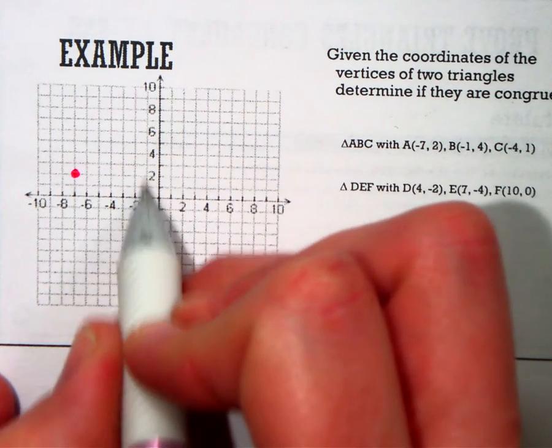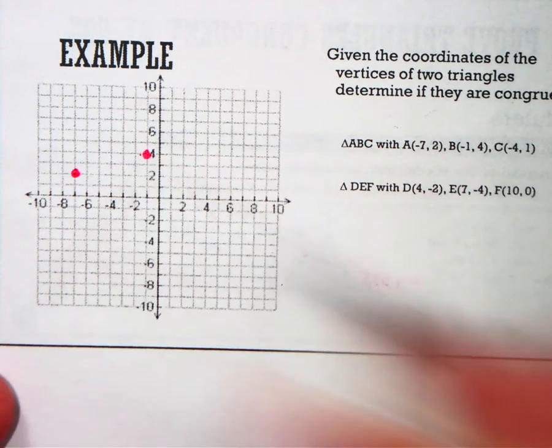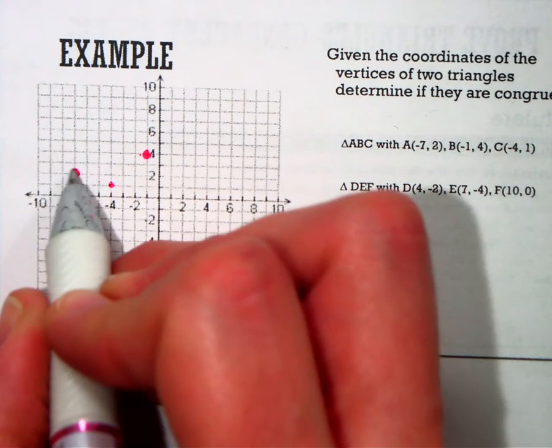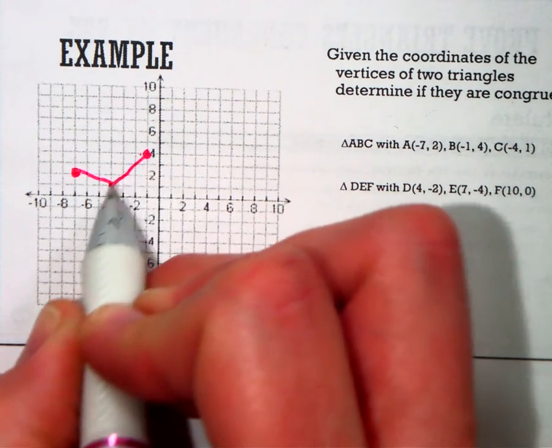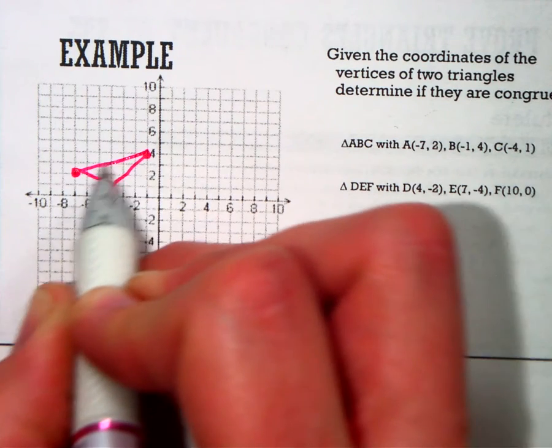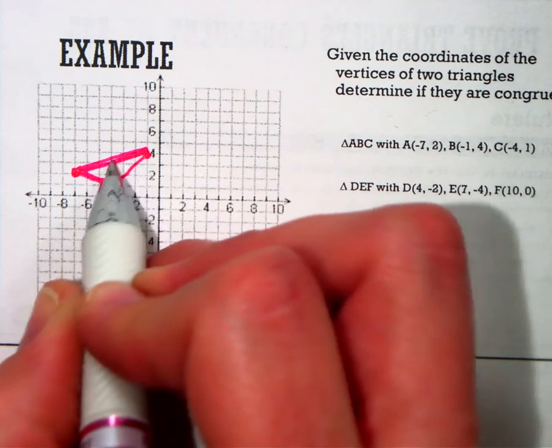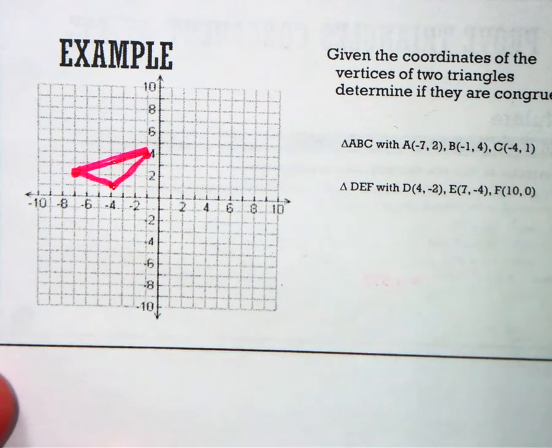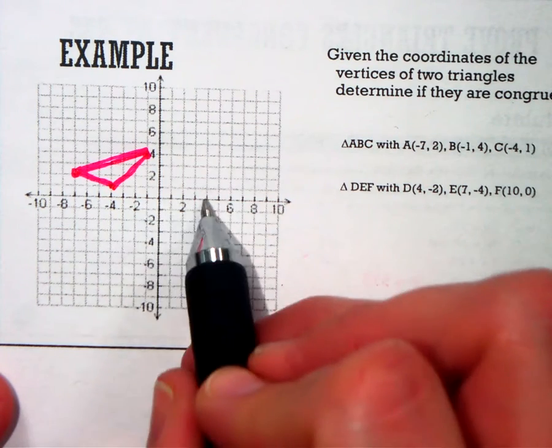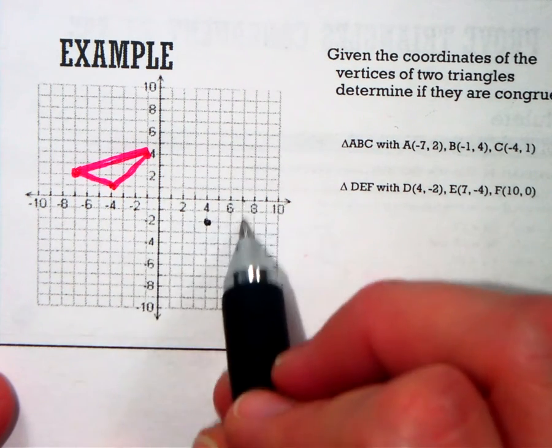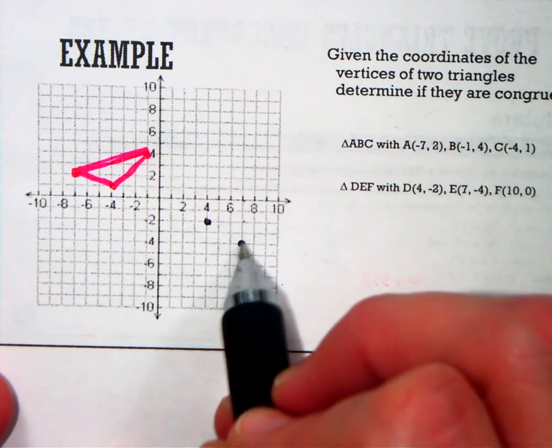1, 4, negative 4, 1. There's my first triangle. Second triangle is 4, negative 2, 7, negative 4, 10, 0.